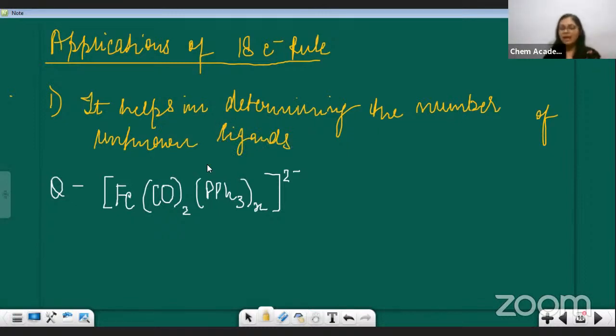What do I mean by that? See here, in this question, we do not know the number of PPh3 that we have in this compound. What is missing here? The number of PPh3 are missing here. So how can we determine that? We can simply determine that by making use of the 18 electron rule.